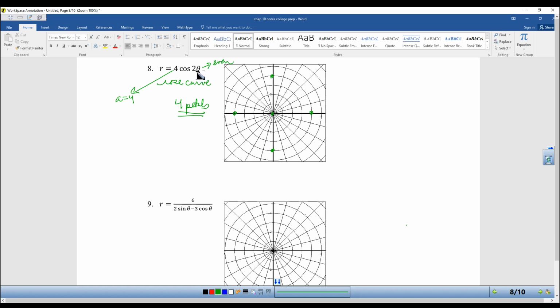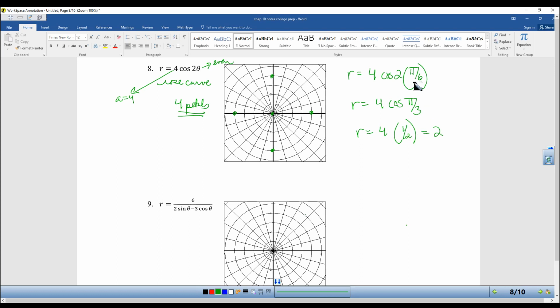I really would like to do pi thirds because pi thirds is so easy, but it's going to get multiplied by 2. So ironically, I'm going to do pi 6. I'm going to plug in pi 6 because when I choose to plug in pi 6, the 2 and the 6 will cancel, and I actually will get to do pi thirds. Cosine of pi thirds is 1/2. 4 times 1/2 is 2.